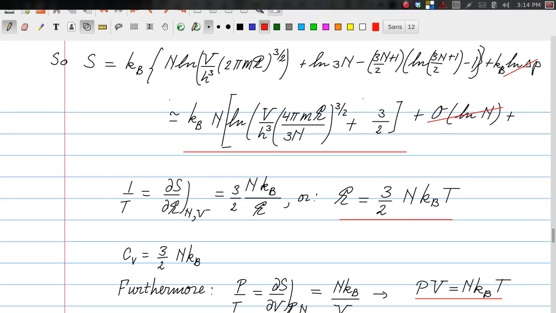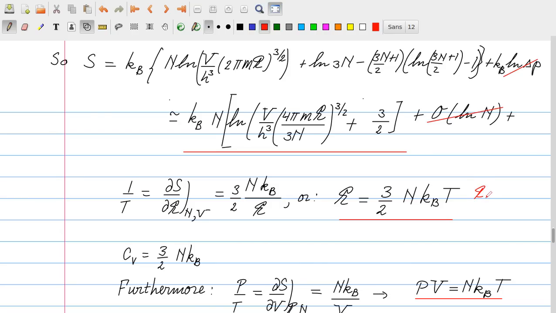Having that expression, we can check whether it really makes sense by taking this S, as it is given here, and calculating dS/dE at constant N, V, and we know that that should give us 1 over T. It turns out that if we do the math, you get this result, and from that we immediately infer that E is 3/2 N k_B T, and that's the equipartition theorem, which is well known for ideal gases.